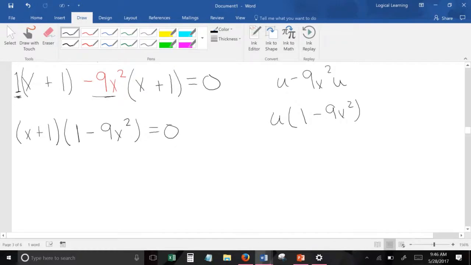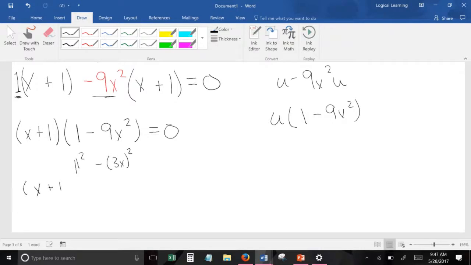So now, here we have 1 squared minus 3x squared, because 3 squared is 9 and x squared is x squared. So we have a difference of squares, and we can turn that into 1 plus 3x and 1 minus 3x.